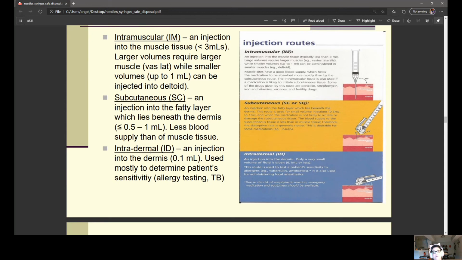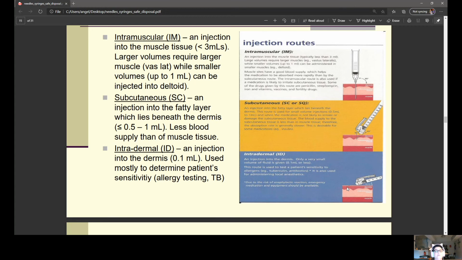And then intradermal, ID. The intradermal is for injections that are 0.1 ml or less. So just tiny doses. And we do this for TB testing. Because we're going right underneath the surface, usually whatever you inject is going to leave a bubble, or some kind of visible sign that you put something under there, because it's so superficial towards the skin that the medication is able to be visible.